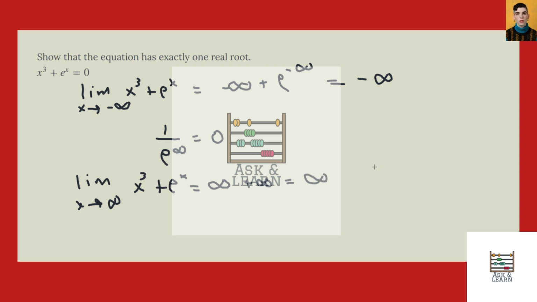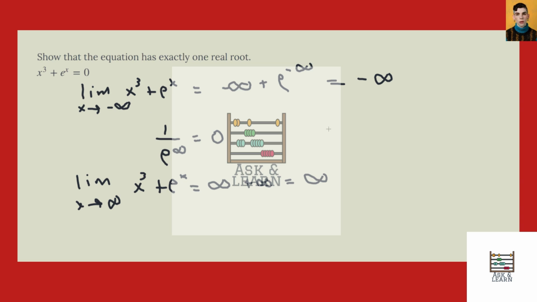So now you can see something very interesting happening. When x is very, very negative, the function goes to negative infinity, and when x is very, very positive, it goes to positive infinity. So between negative infinity and infinity, this function has to cross the x-axis. There has to be a point where this is equal to 0.